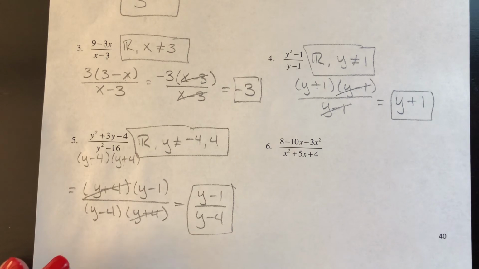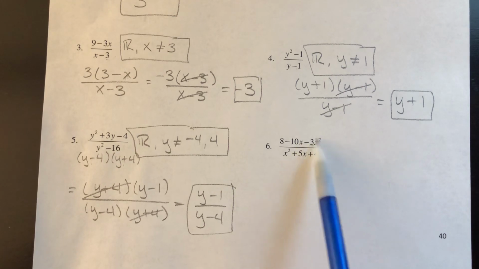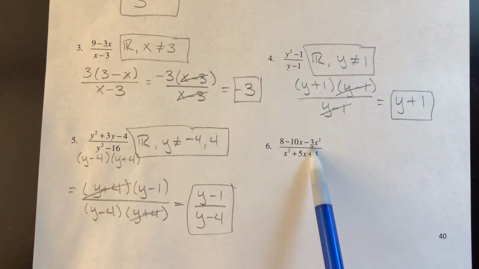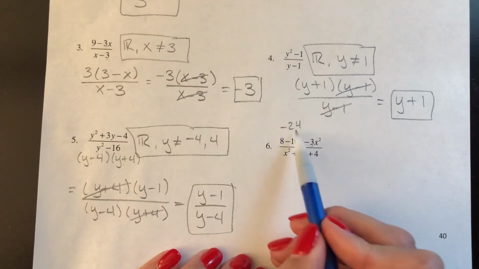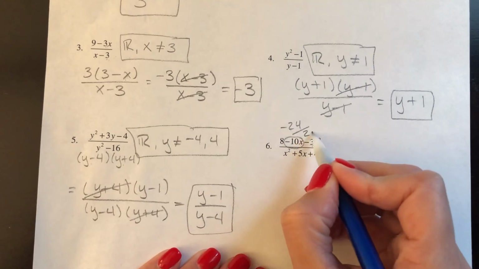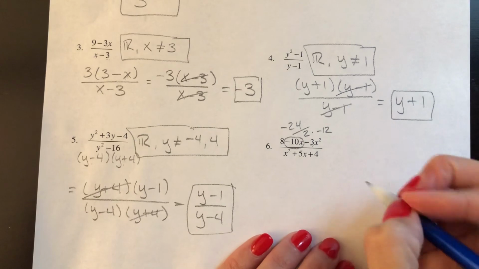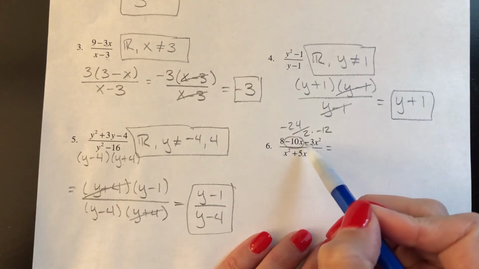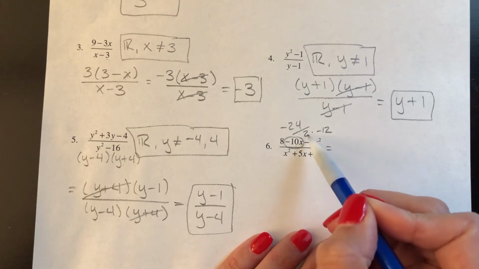So the factoring of this one, so this one's kind of different. This is a trinomial, and this is the a term here. -3 is your a term. So this is the kind of factoring when you have to multiply 8 times -3 and you get -24. And then you find the factors of -24 that add to -10, which would be 2 times -12. And then you would rewrite this so that -10x is replaced with 2x and -12x.